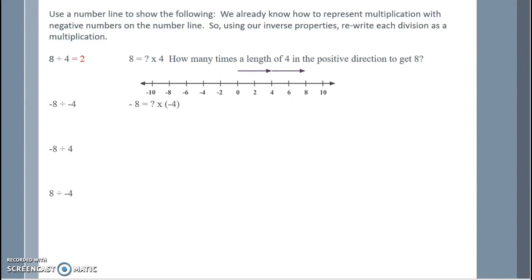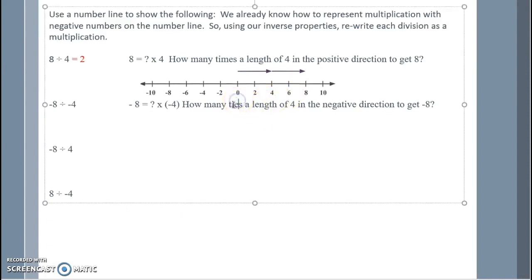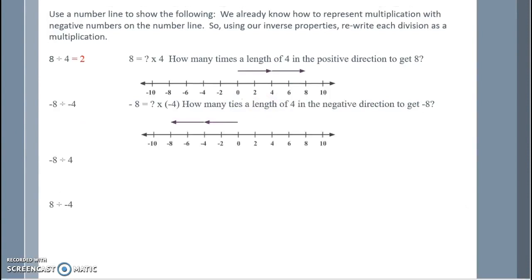Negative 8 divided by negative 4 is the same as negative 8 equals how many times a length of 4 in the negative direction to get negative 8. So we need to go in the negative direction 2 times so that we get negative 8.